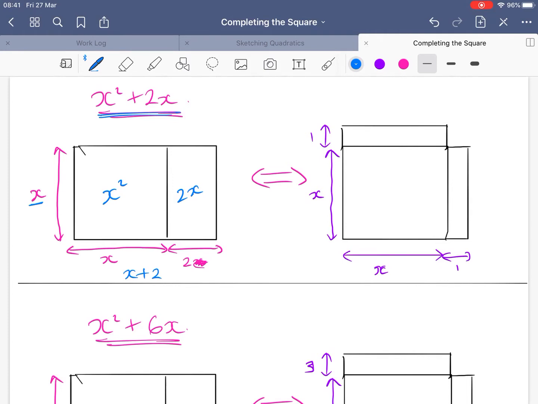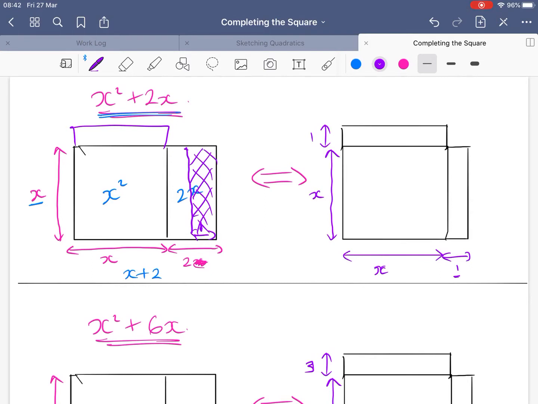But I want to do something to this, and what I'm going to do is chop this little bit in half here, and move it to the top, so it looks like the area on the right hand side. And because I've chopped this end in half, this distance here is 1.